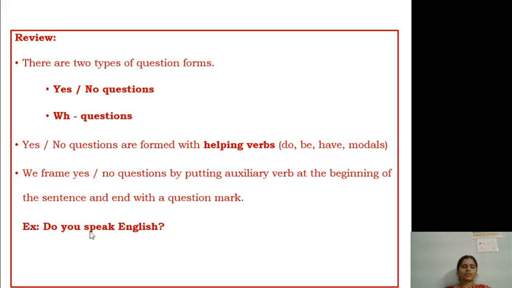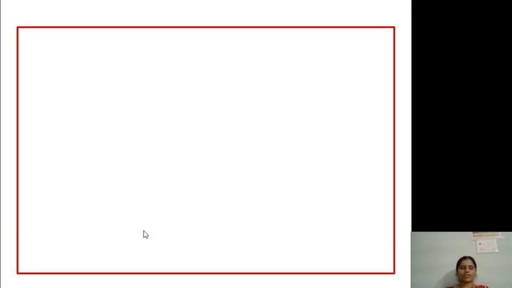Let us see that in an example. Do you speak English? Do is the auxiliary verb, you is the subject, and speak is the main verb. So first we got the do form, then the subject, then the main verb, and then the remaining part of the sentence.